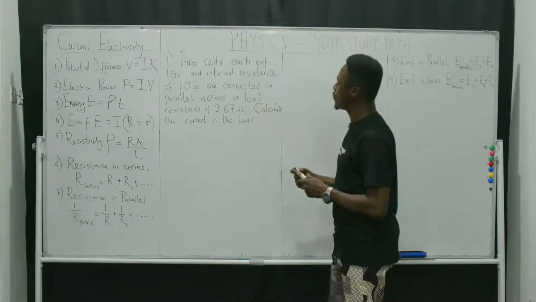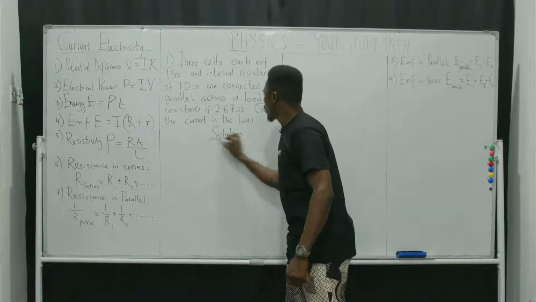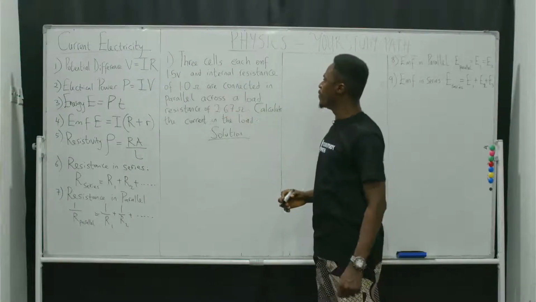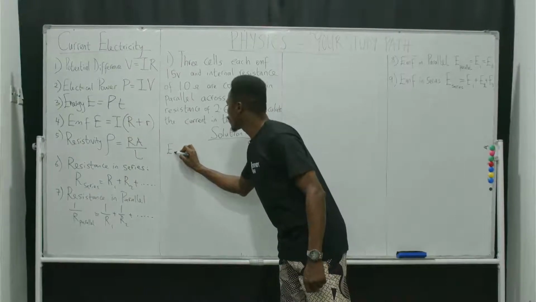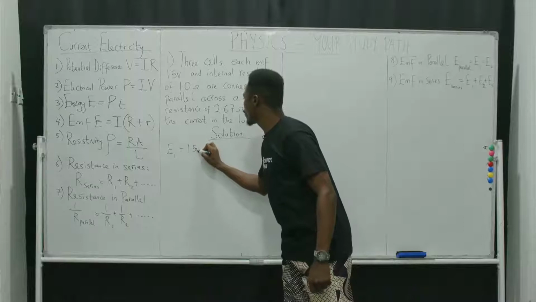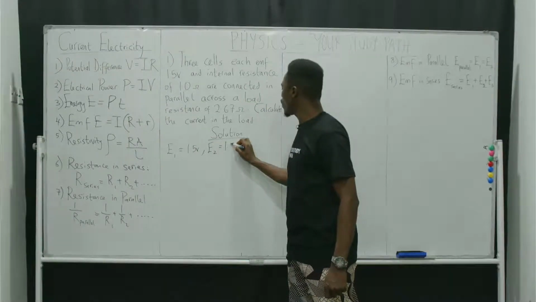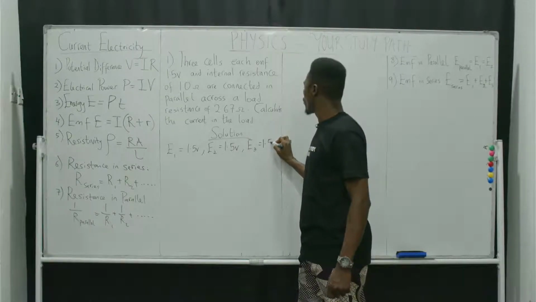So having this in place, solution. We write out our parameters. We have three cells that have EMF of 1.5. So it means the EMF of the first is 1.5 volts, the EMF of the second cell is another 1.5 volts, and the EMF of the third cell is another 1.5 volts.